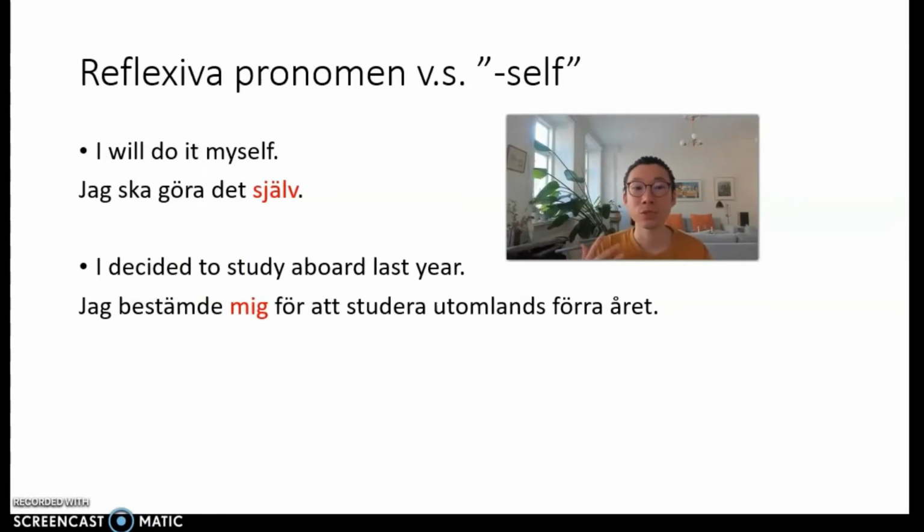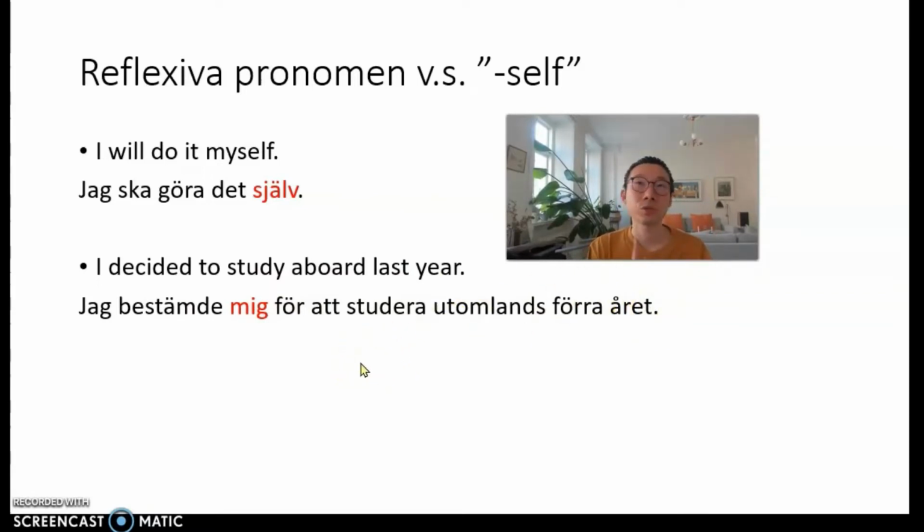So we need to just remember, okay, the reflexive pronoun is a part of the usage of the verb. Så på svenska, in Swedish, du säger jag bestämde mig för att studera utomlands förra året. So I decided myself, if you really want to translate it out loud, to study abroad last year.